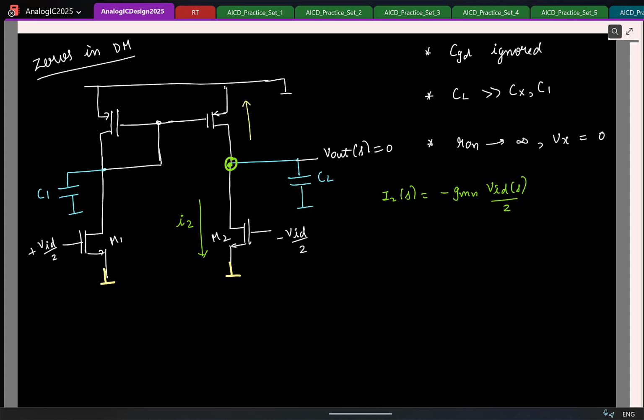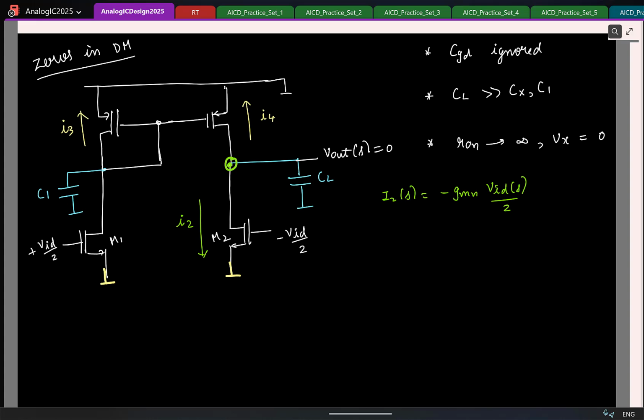So let's try to find the current I4. Now remember, the current here is flowing because we have some gate voltage applied here, and this gate voltage is because we have some current getting pushed into this transistor. So all I need to find is the current flowing in the PMOS transistor here. If I know I3, I know I4 is the same as I3. Again, basic current mirror action.